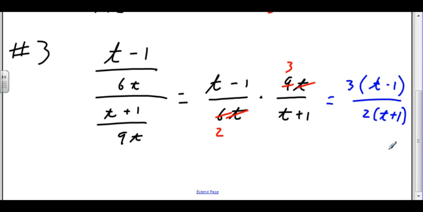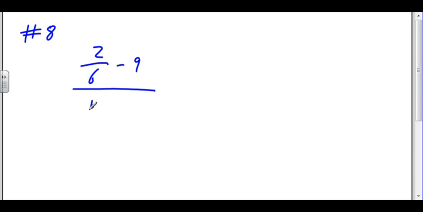We'll move down to number 8. Number 8. 2 over 6 minus 9 divided by 1 over 3 plus 1.